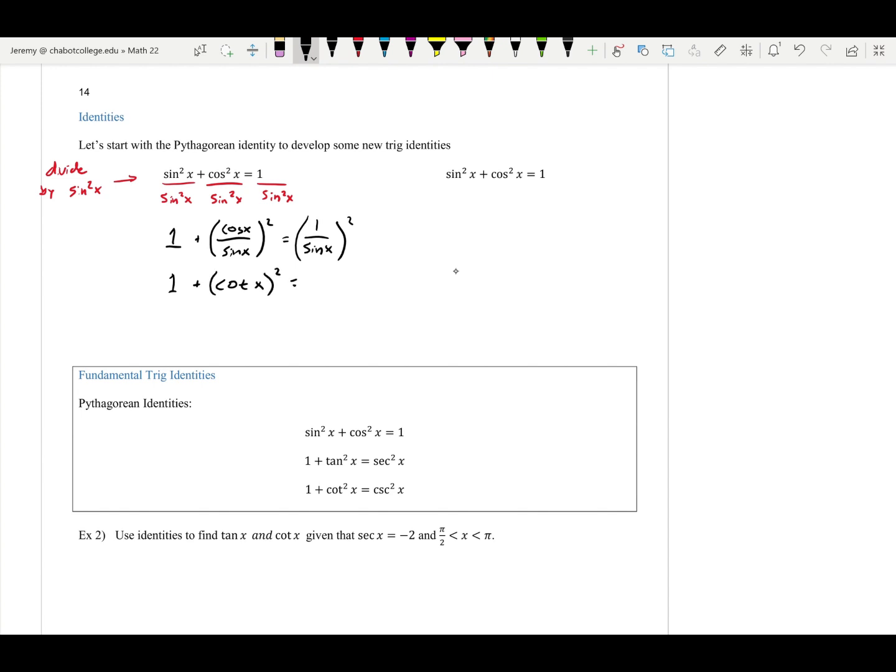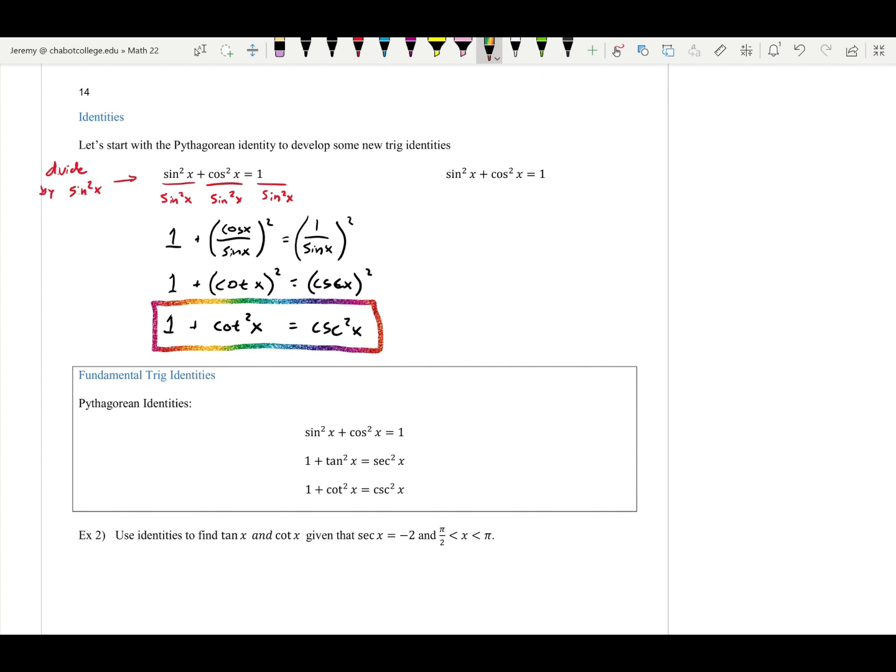And 1 over sine of x, that is cosecant of x quantity squared. And the last step of simplifying this is, remember, when we have an entire trig function being raised to some power, we have just this sort of clarifying notation. We write it as cotangent squared x. And this will be cosecant squared x. Okay, so here is an alternate version of the Pythagorean identity involving cotangent and cosecant.